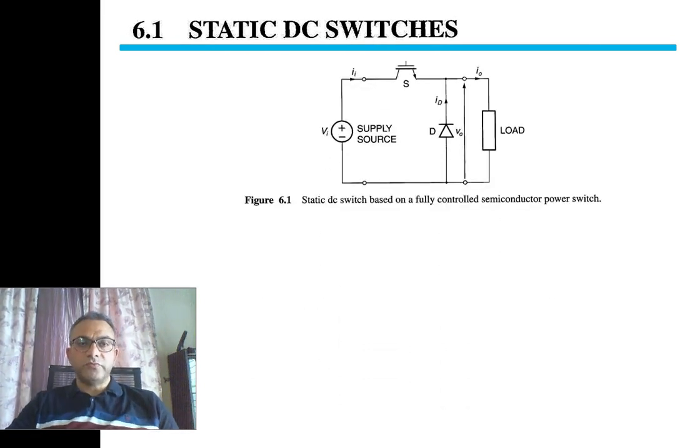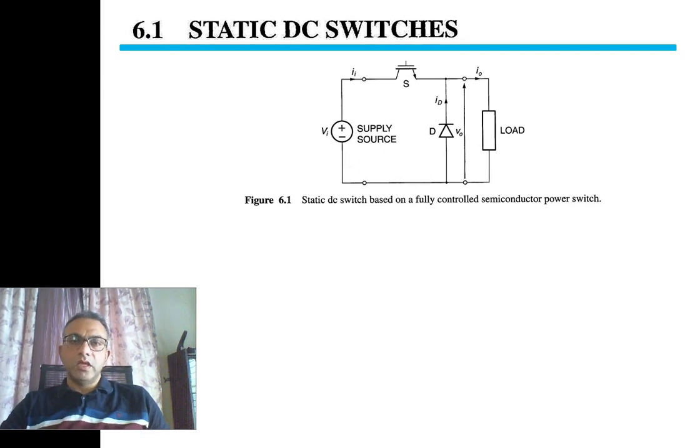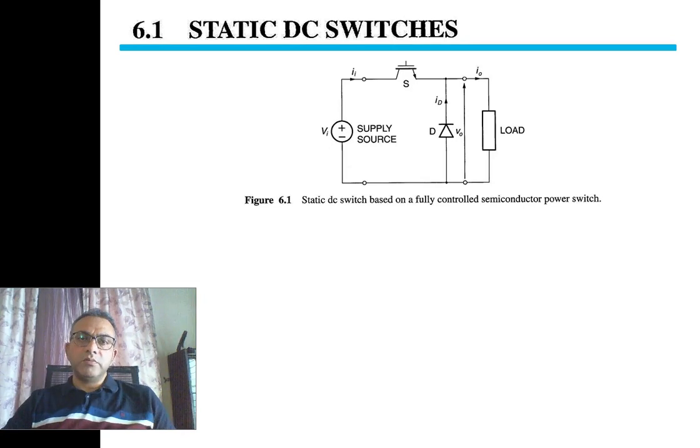First circuit, figure number 6.1, represents the static DC switch based on a fully controlled semiconductor power switch. This circuit is our normal DC to DC step down converter. The components are one DC power supply represented as VI.